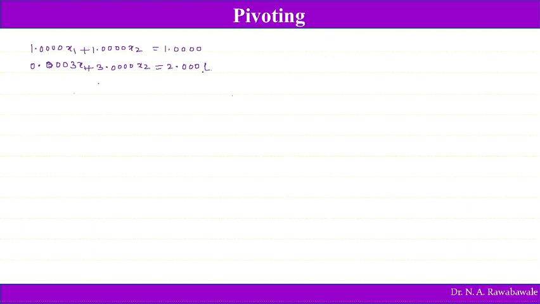Now to eliminate the first term here, for eliminating this we have to multiply by 0.0003. Now this is equation number 1, this is equation number 2.